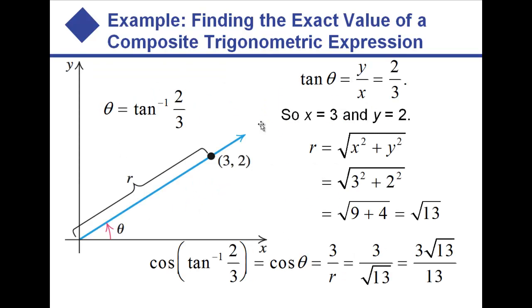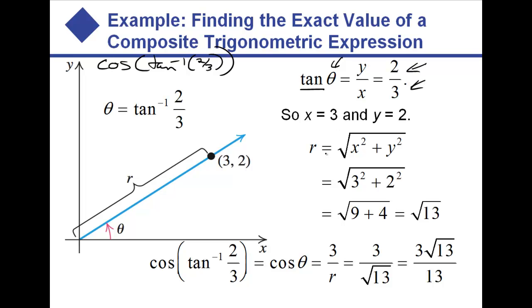So for the first example, and we'll write it back up here just so we know what we're doing. We're trying to find cosine of tangent inverse of 2/3, right? Well, tangent inverse of 2/3 is basically saying what angle do you have to put into tangent to get an answer of 2/3.